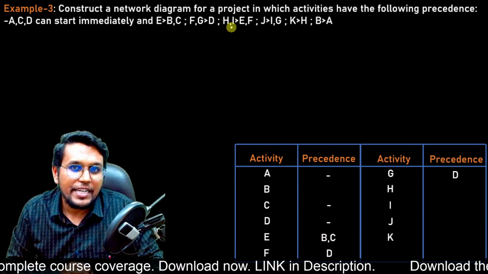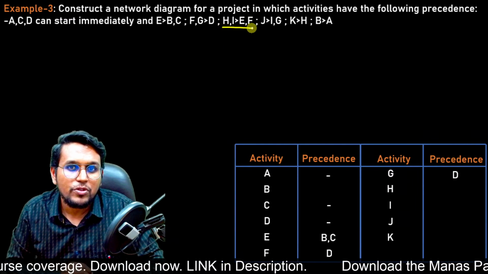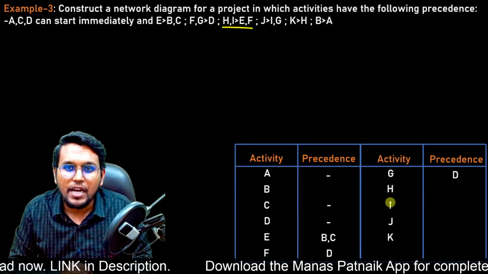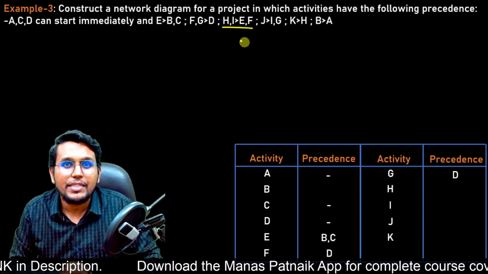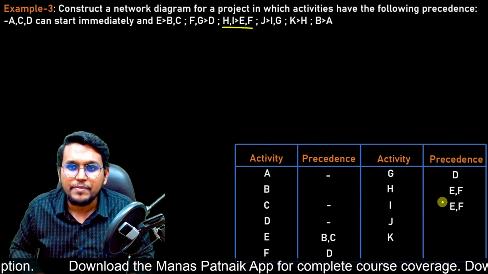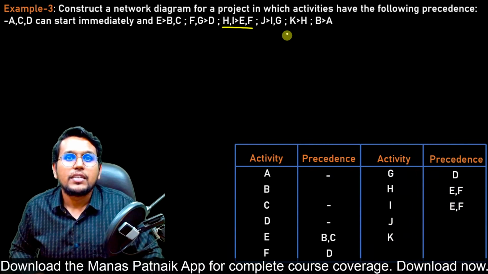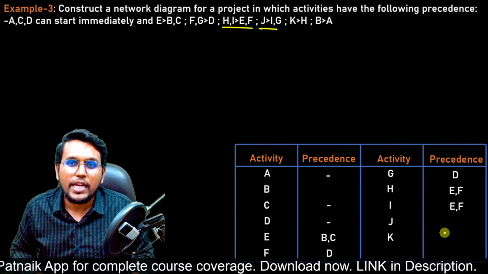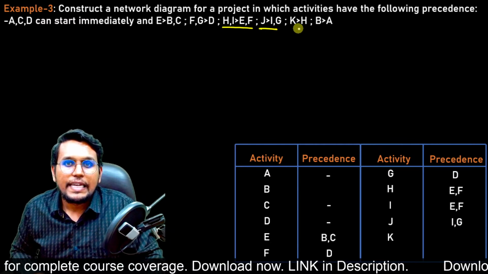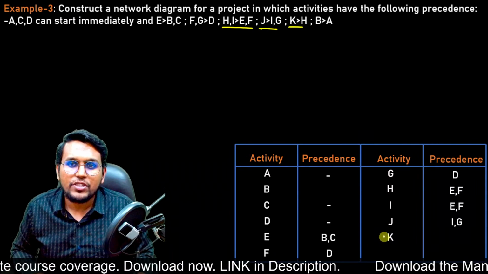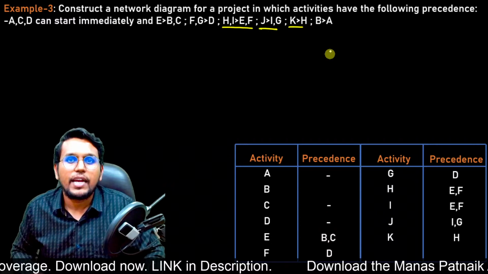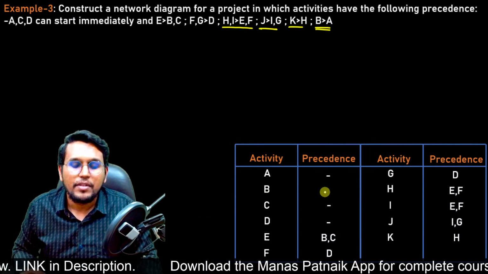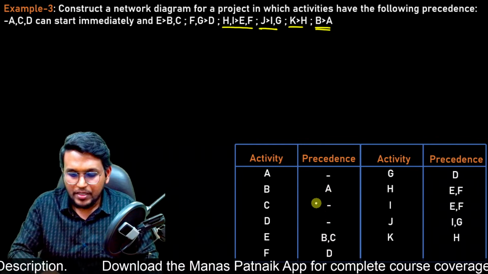Activity H and I depend on E and F. That means activity H and activity I both depend on E and F. So let us write it here. Similarly, J depends on I and G. K depends on activity H. And then activity B depends on A. So here it is, B depends on activity A.